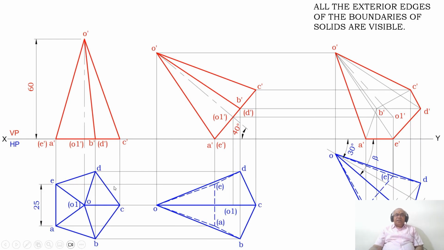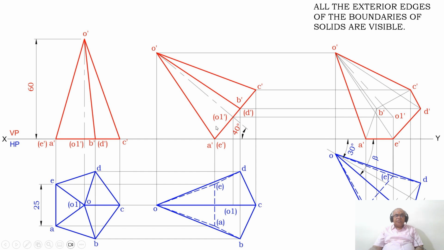Now, the next condition is, as the axis becomes inclined to HP, what happens to the axis in the top view? This O1 will automatically become less than the height of the pyramid, that is O dash and O1 dash, which has a height of 60.